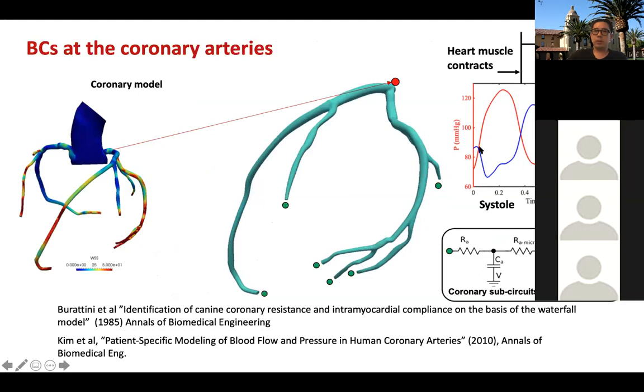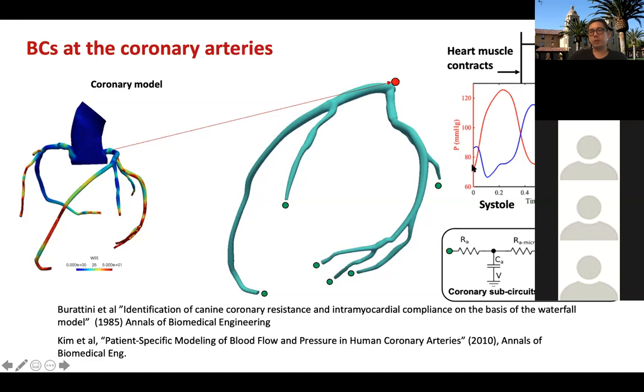So this is the typical pressure waveform in a heart cycle. It goes up at systole, and it goes down to the diastole phase. And when pressure goes up, as the heart muscle contracts, the flow in the coronary artery is actually low.